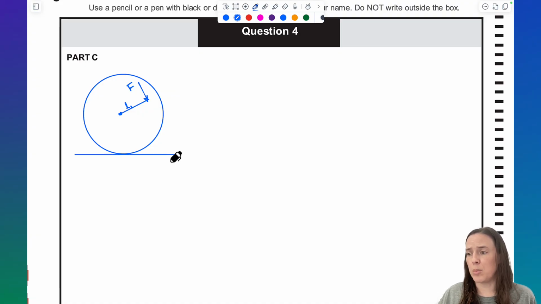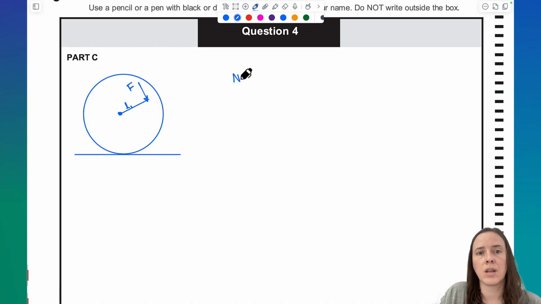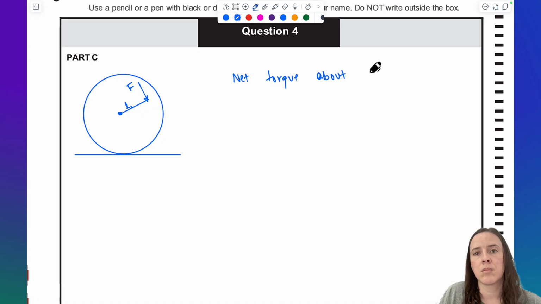So again, there's a couple of ways you can describe this. If we want to keep our rotation point here, we can talk about it in terms of torque. So the net torque about the center will be less because friction is going to be in the opposite direction.